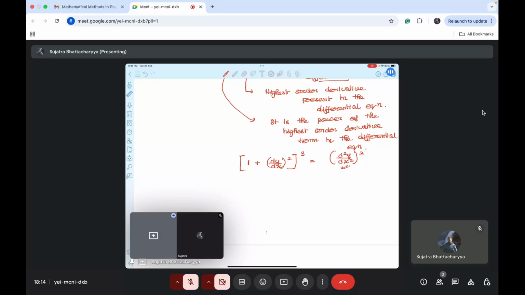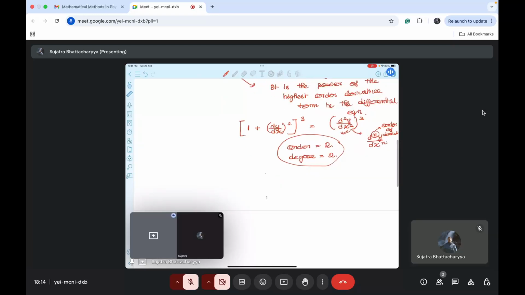This is the order of the derivative d^n y by dx^n. So here the order is 2. Now what will be the degree? The degree is also 2, correct? Because the highest order derivative has power 2.